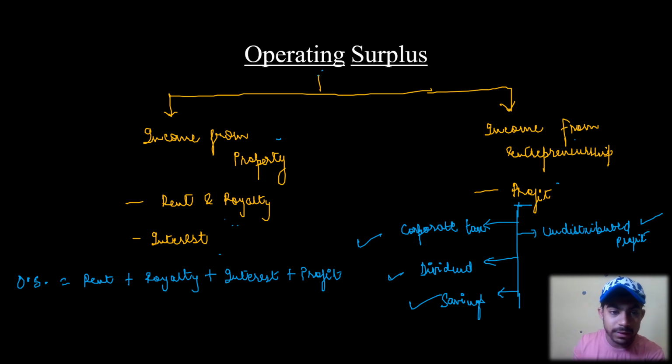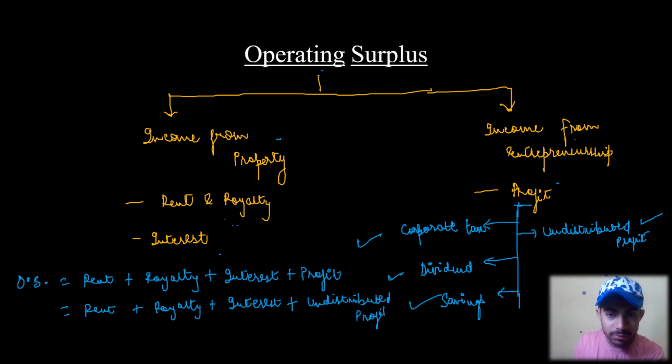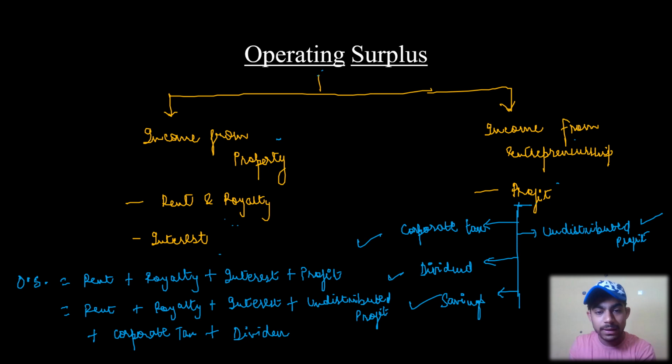And if you write more precisely, it becomes rent, royalty, interest, and all the subdivisions of the profit, that is undistributed profit, corporate tax, dividend, and savings.